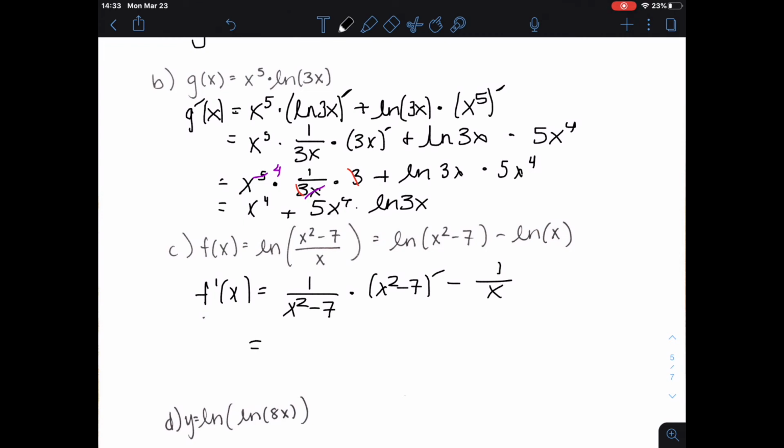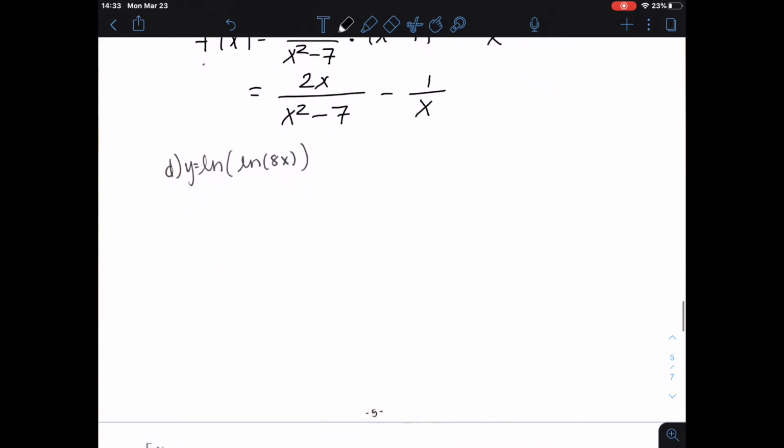So one more step, derivative of x squared minus 7 is just 2x because the constant would be 0. So we get 2x over x squared minus 7 minus 1 over x. Okay. So if you can use properties of logarithms, go right ahead, make it a little bit simpler. Don't have to deal with as muddled, because if you did go through using quotient rule after using chain rule, you're going to get a really complicated looking answer.